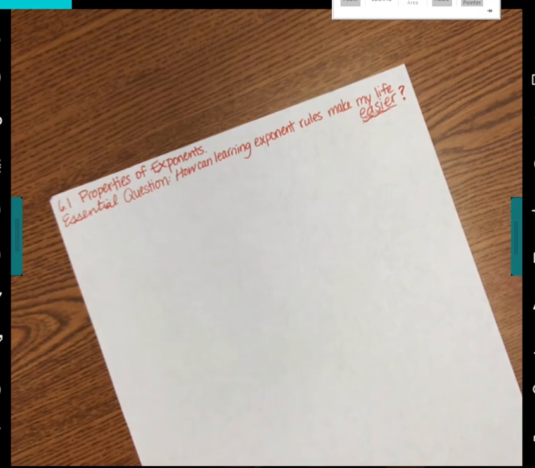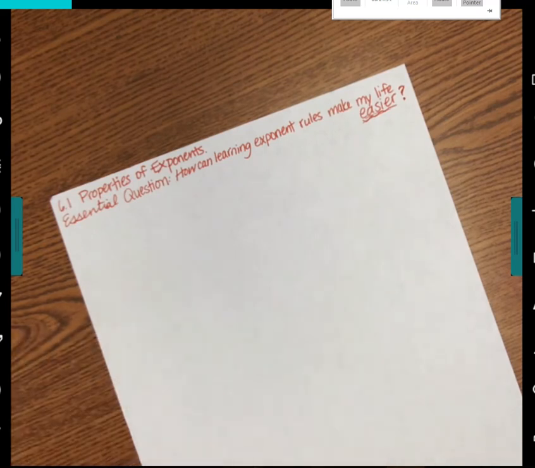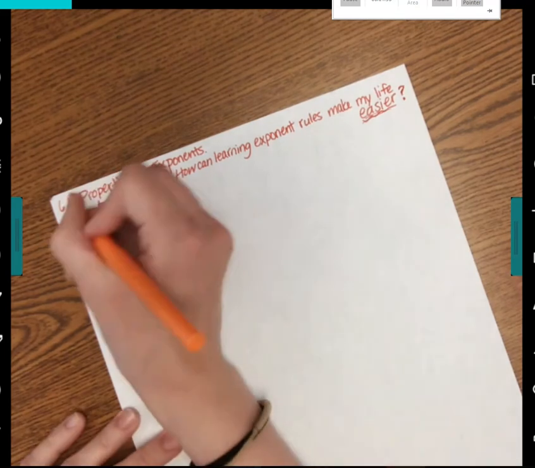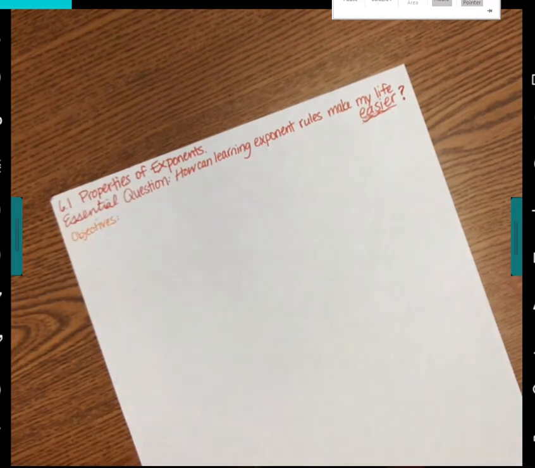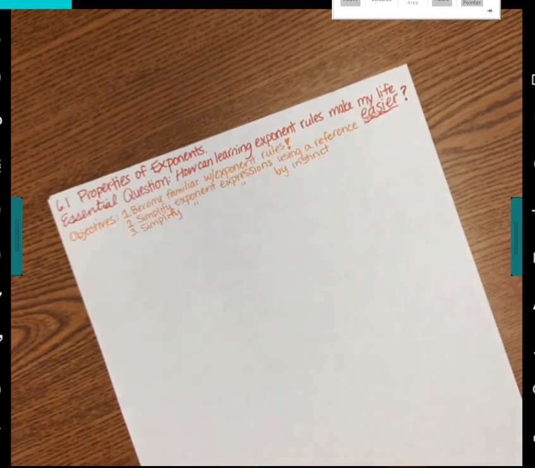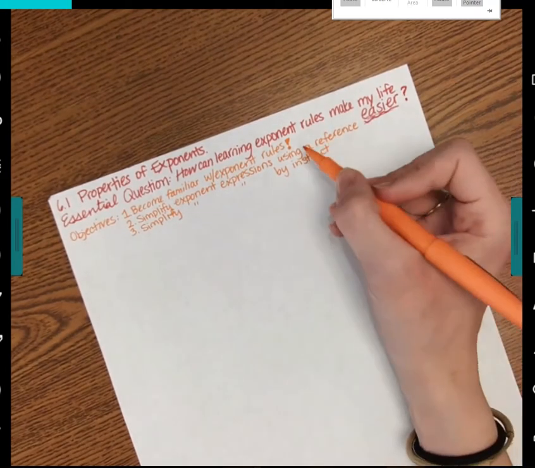Okay, so there are a few things that I think we should look at as far as objectives go. So, for our objectives, one, we want to become familiar with those exponent rules.